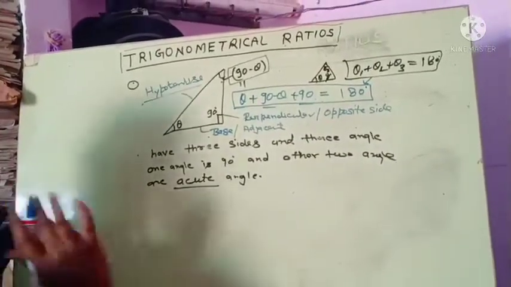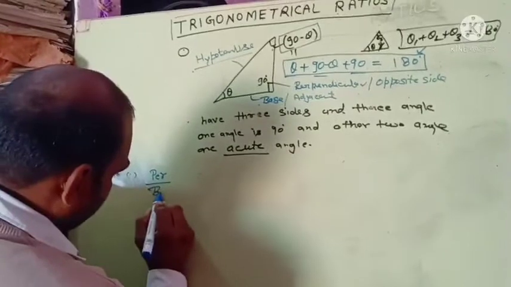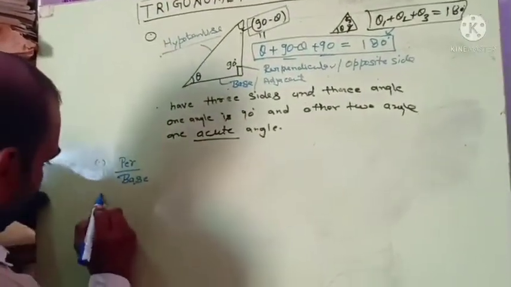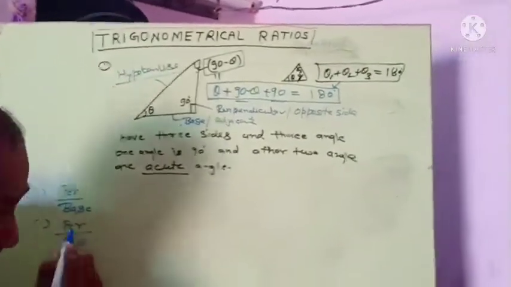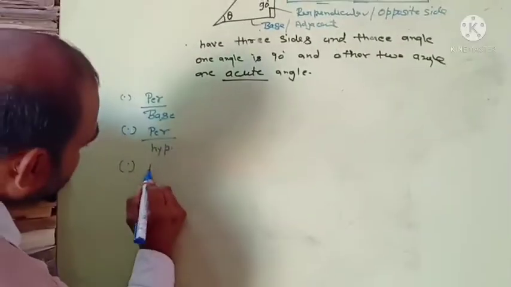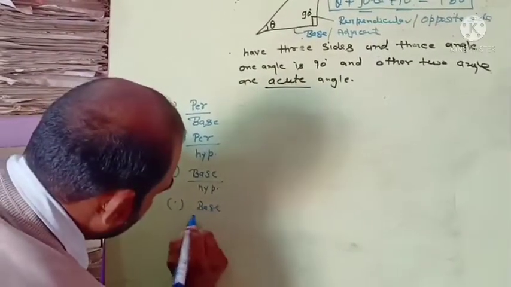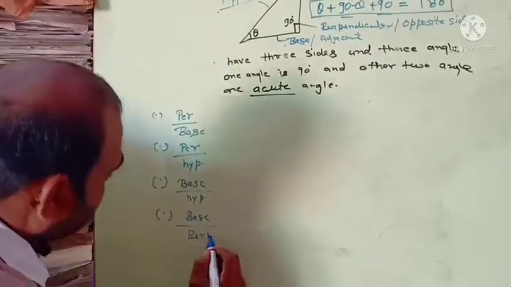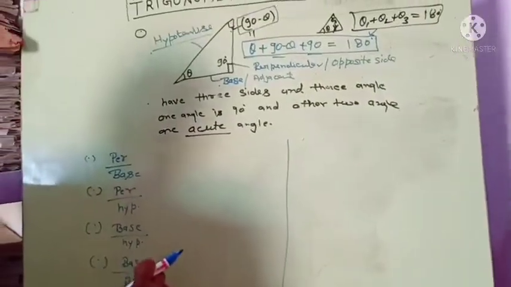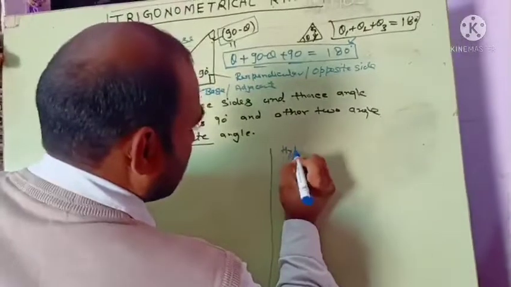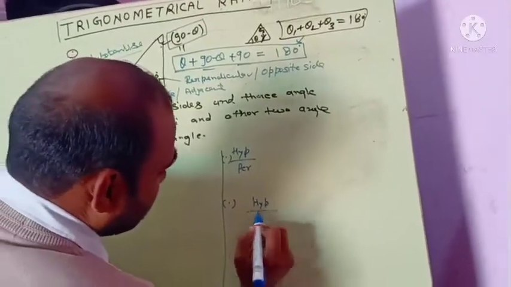Two sides make one ratio, as like perpendicular upon base, perpendicular upon hypotenuse, base upon hypotenuse, base upon perpendicular, hypotenuse upon perpendicular, and last, hypotenuse upon base.